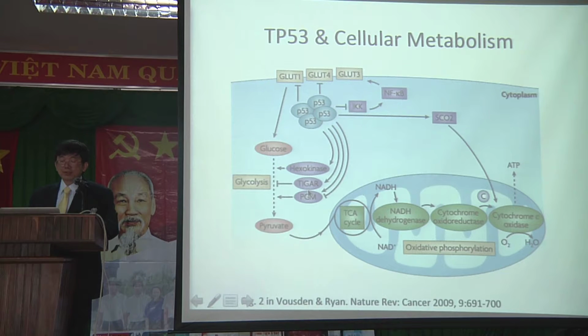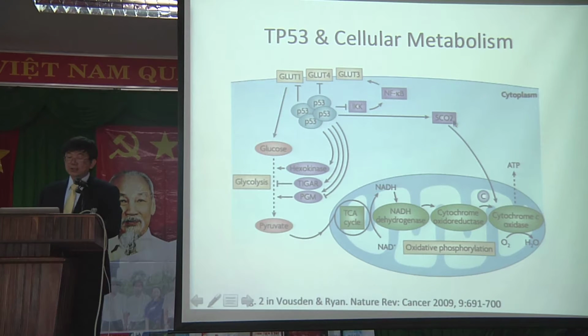So the genes TIGAR and SCO2 are genes that are regulated or induced by p53. So if you have a mutation of p53, you lose the expression of these genes.